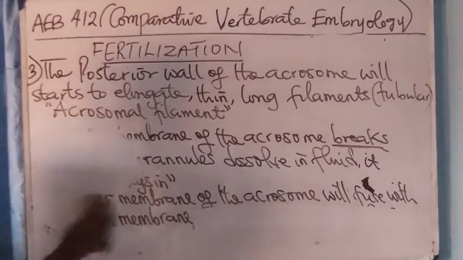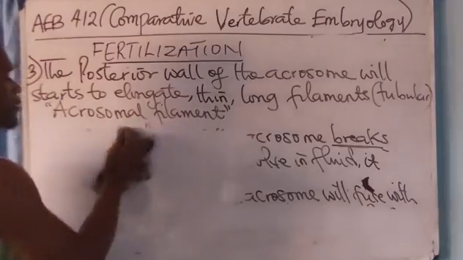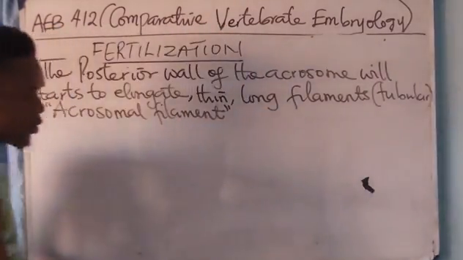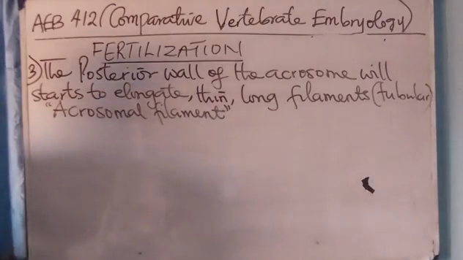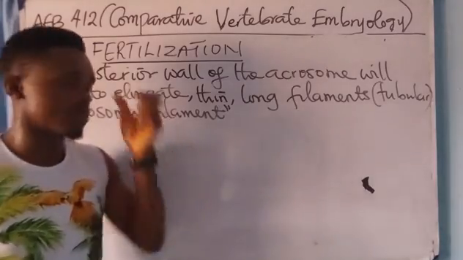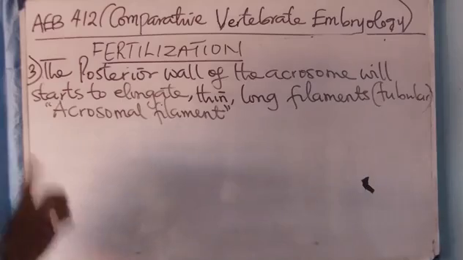So these are the changes that the acrosome must undergo before a given egg is fertilized. We are almost coming to the end of this class. I told us just now that as soon as this acrosomal filament is produced, it can now successfully penetrate the egg.